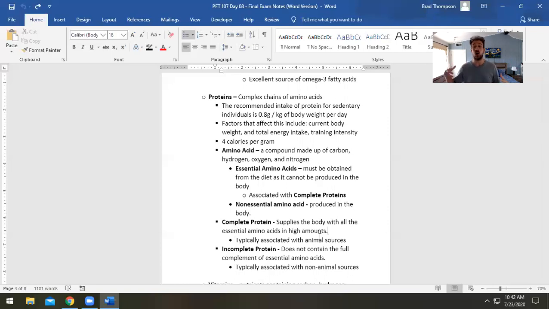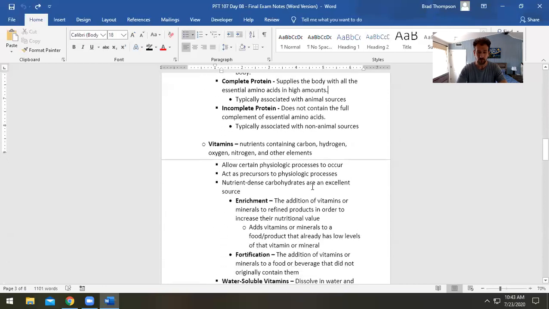At the end of the day, all of these amino acids are going into a big pool, and your body is going to send something from that pool to wherever it needs to go to assemble those proteins. So you could have a diet completely existing of incomplete proteins as long as you are pairing them up in such a way that you are balancing out your levels. And so incomplete proteins are typically going to be what we see in a lot of vegetarian diets and things like that.